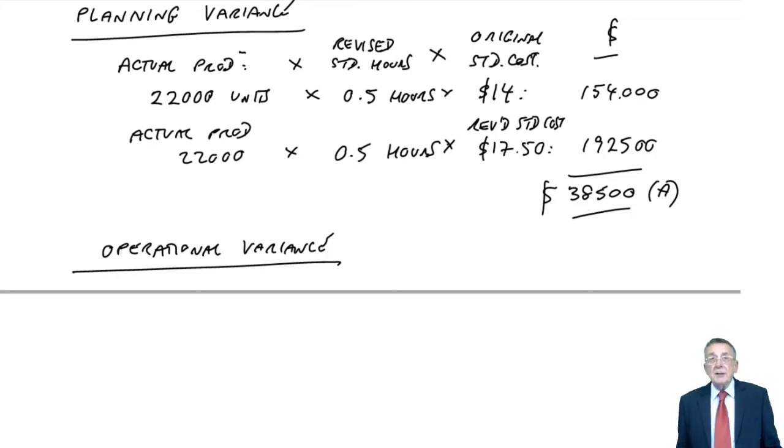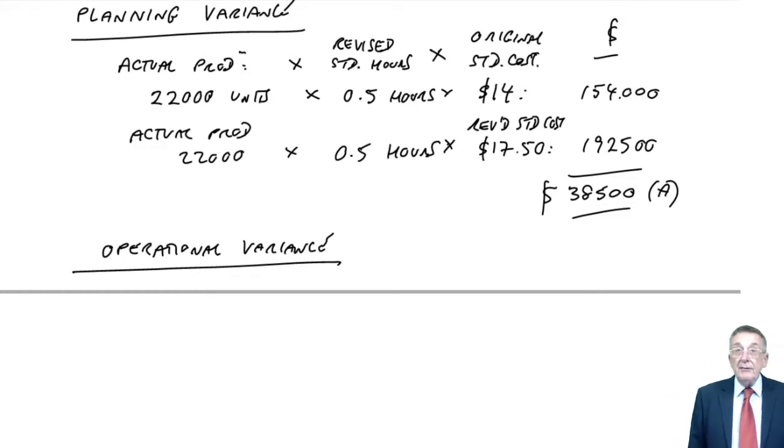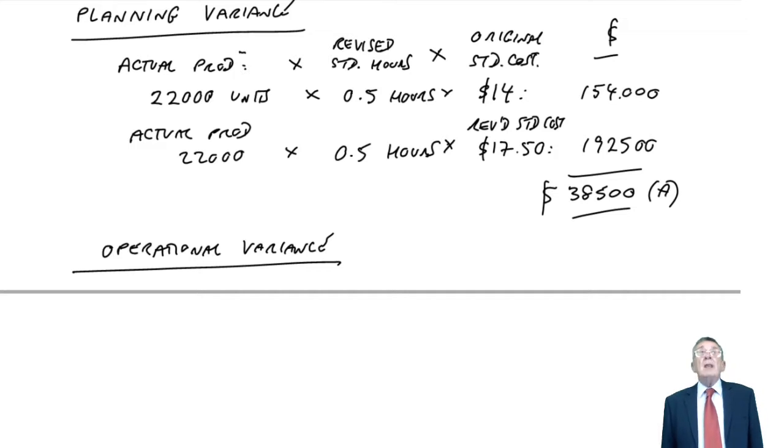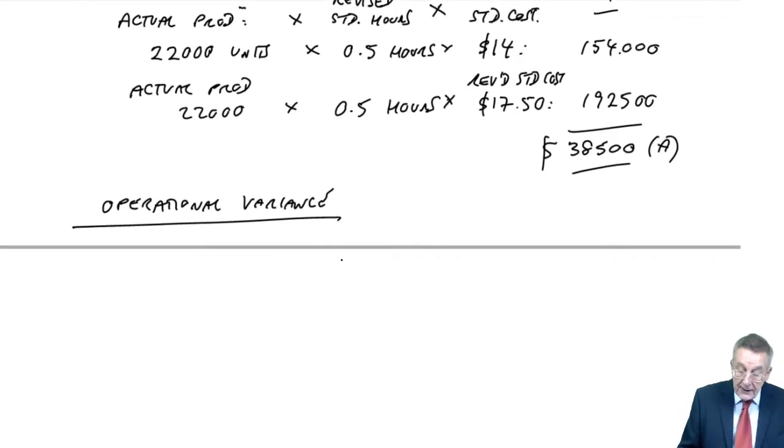It's been revised. Had we done a new budget, we'd have been budgeting on here $17.50 an hour. But we do it exactly the same as normal, comparing what we actually spent to what we should have spent using the revised standard.